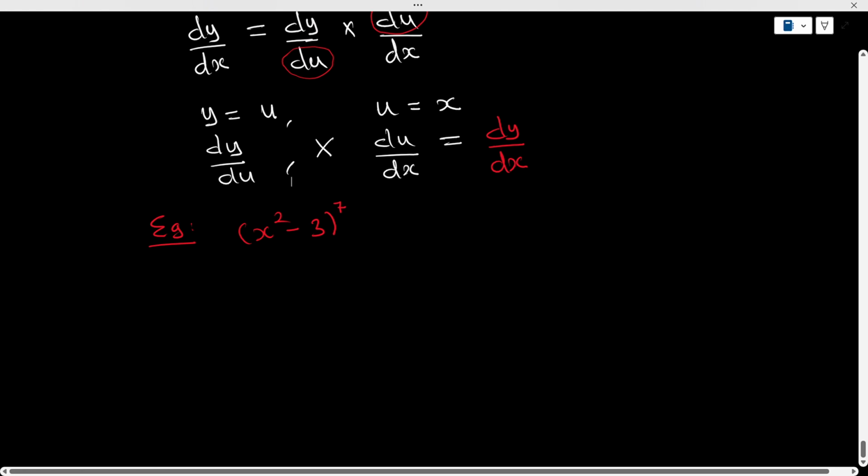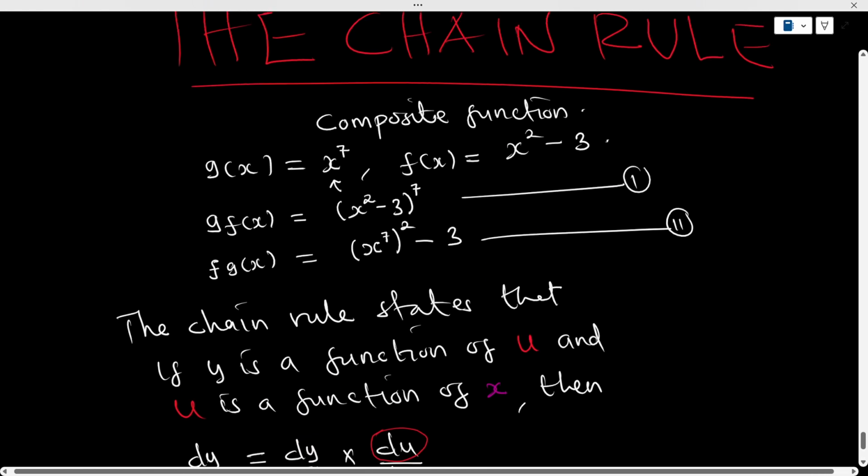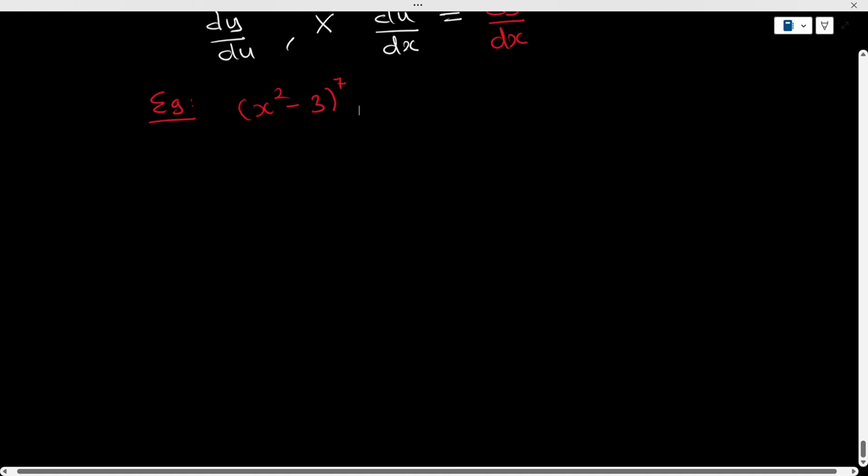You have to let one function be equal to u, because these are two functions combined together. If you remember this, x squared minus 3 came from f of x, and this 7 here is the result of this function. So this is what you're going to do.